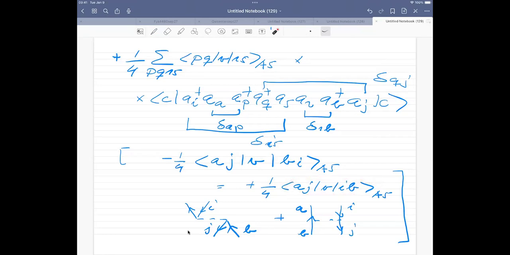So you could actually redraw it, but then the direct term would be this one, and the exchange term would be that one. Now, the reason for why you often draw this diagram is that you can think of this as a particle hole excitation which comes in, and then this particle hole excitation gets annihilated here, and then it gets created again after a given time t.